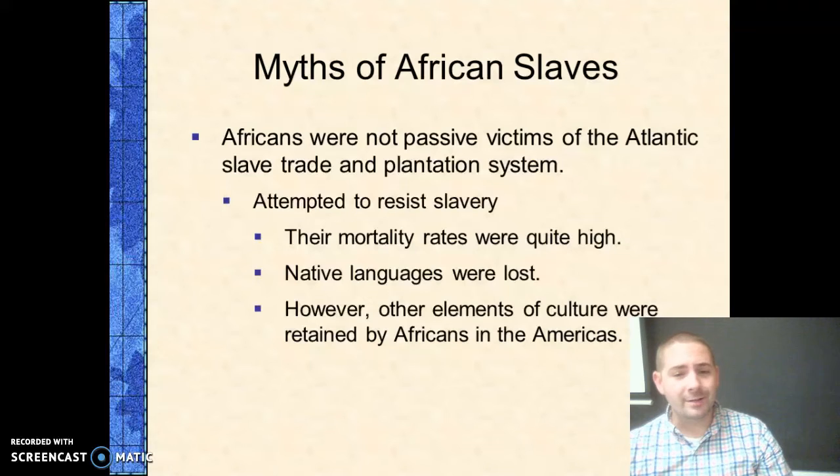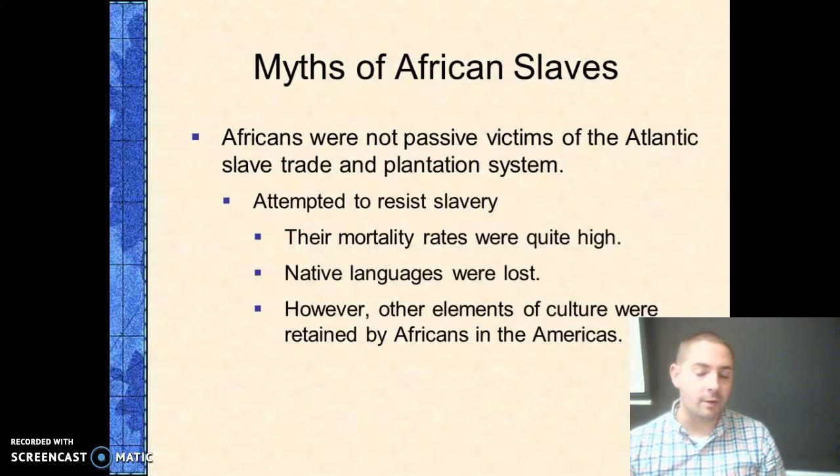There are huge mortality rates, particularly once aboard the boats. Basically, if you think about one person being sick, very quickly that disease or that illness would spread within days, and you're talking maybe a month-long to 2-month-long journey across the Atlantic Ocean where many people are going to die.